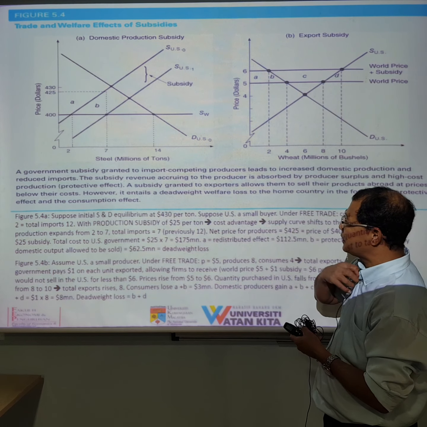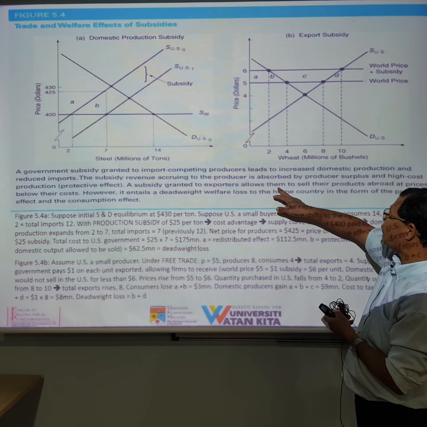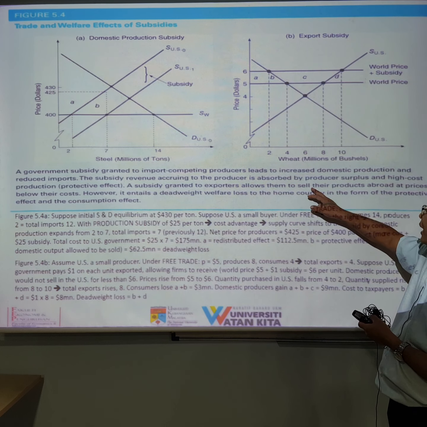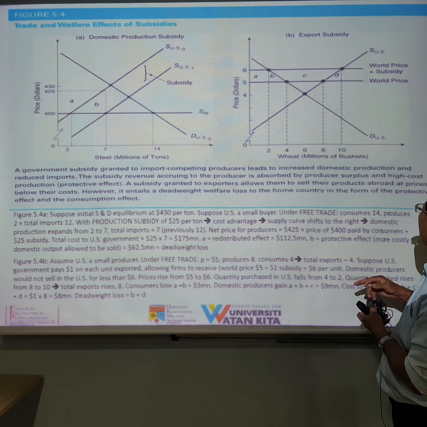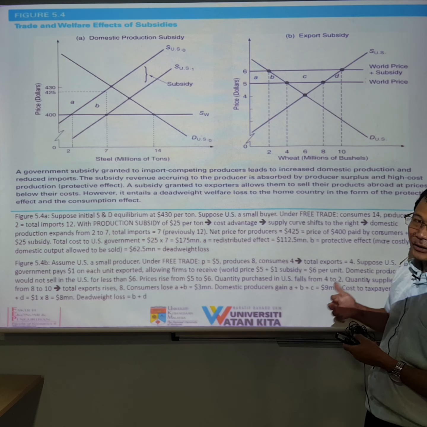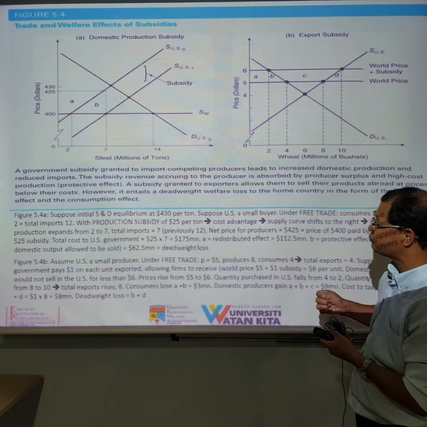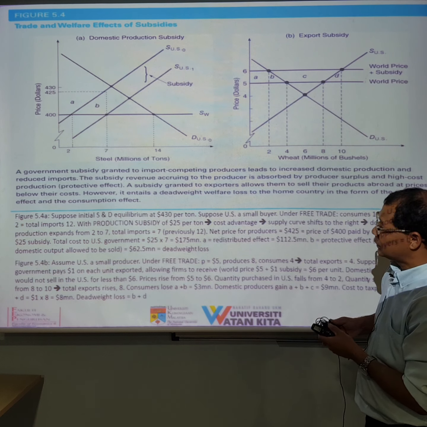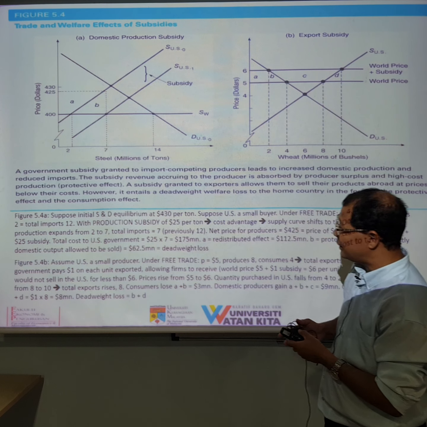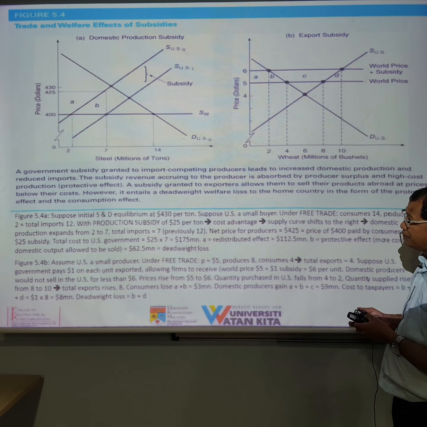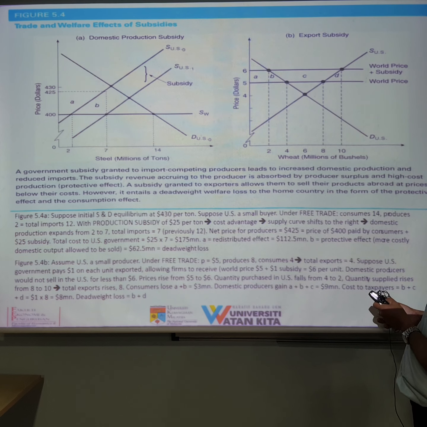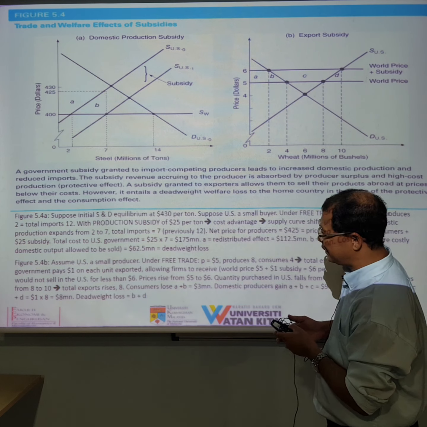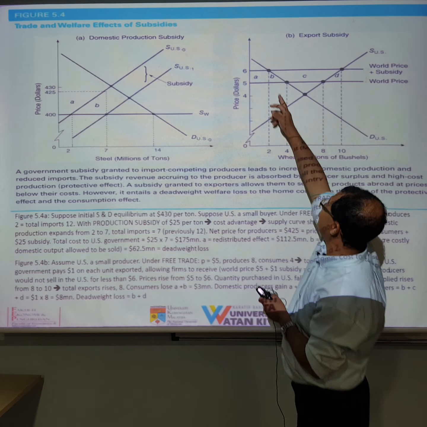A subsidy granted to exporters allows them to sell their products abroad at prices below their cost. However, it entails a deadweight loss to the home country in the form of the protective effect and the consumption effect, two deadweight losses.